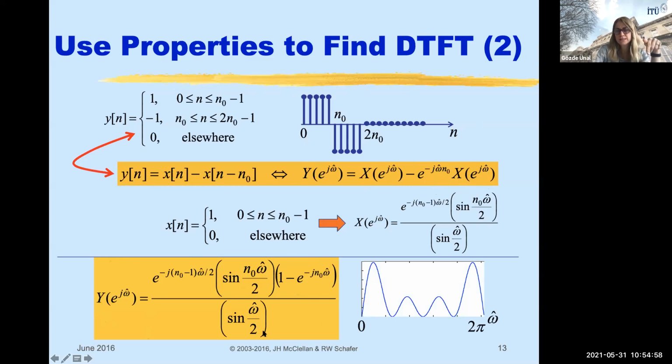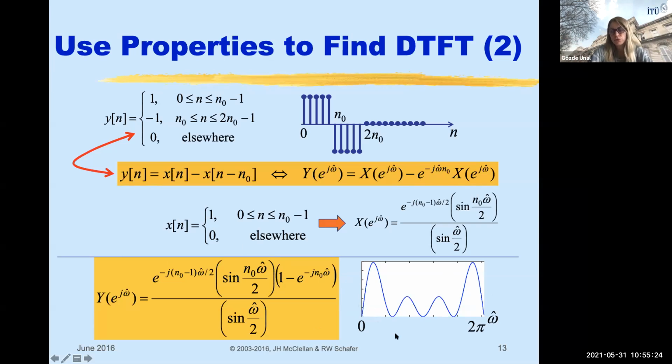It's a sine over sine form that also has a main lobe and some small lobes. Here, however, it's the addition of the two, so X minus the phase shift times X. When you plot this, you should plot the magnitude and phase separately.